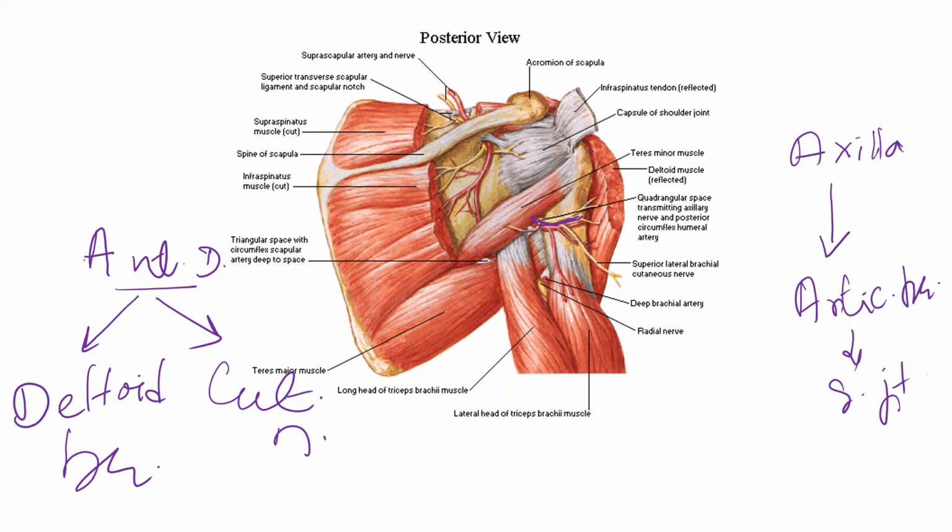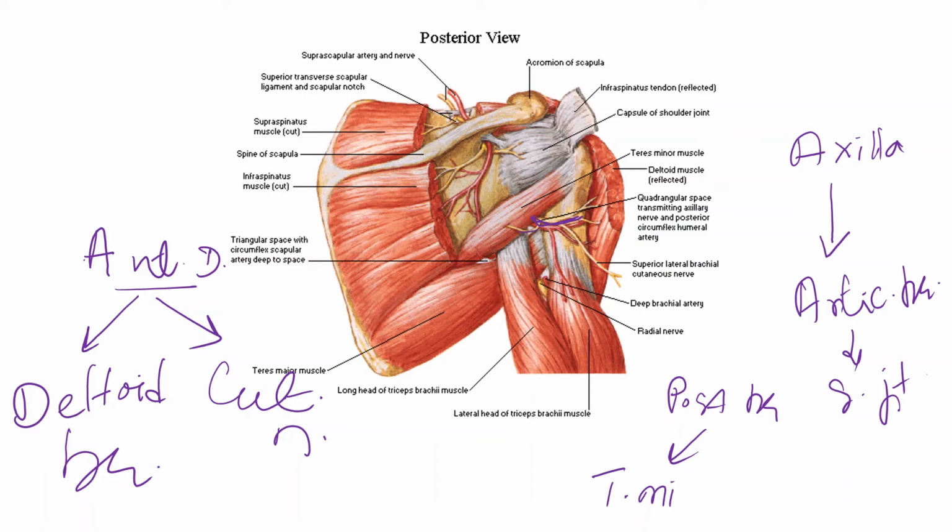gives the muscular branch to the muscle, that is teres minor. Yes, the nerve to teres minor is nothing but the branch from the posterior division of the axillary nerve.